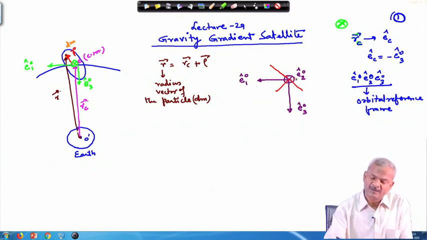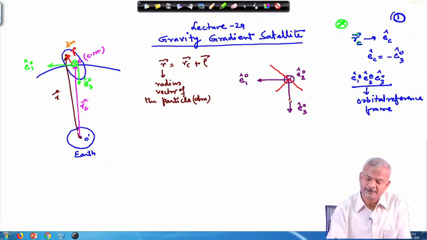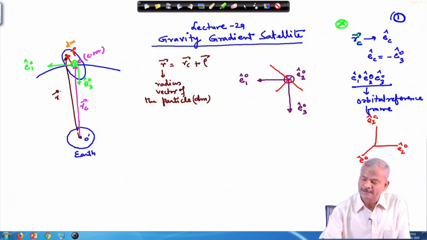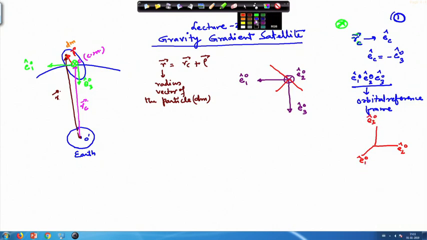Obviously this is a two dimensional figure on this page, so it cannot be shown that correctly, but we can show it something like this.